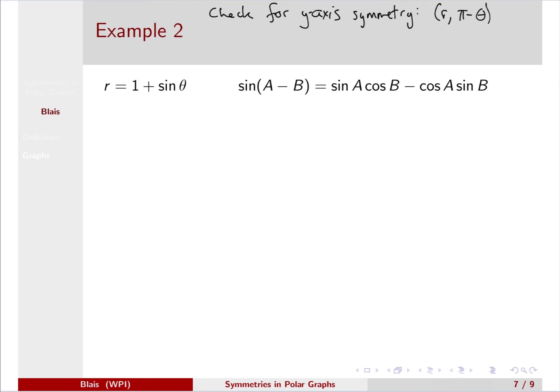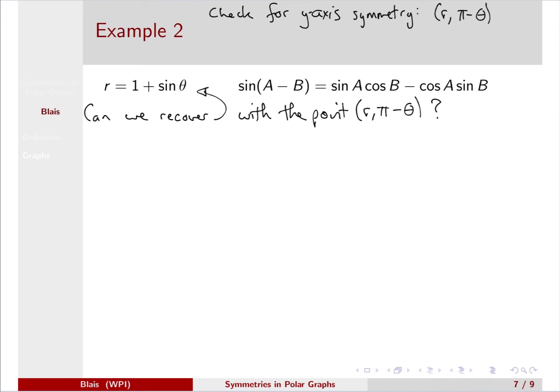So again, if we replace r with r and theta with pi minus theta, can we recover this equation? So let's check that, and make that change.